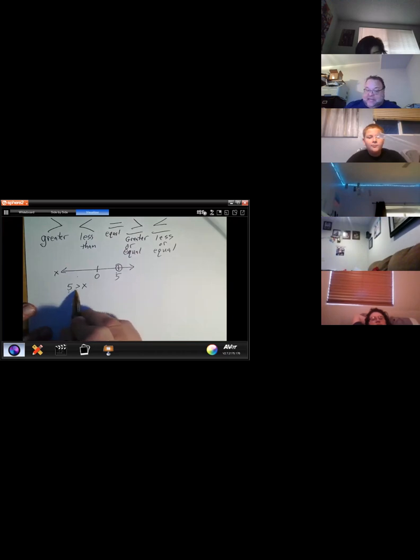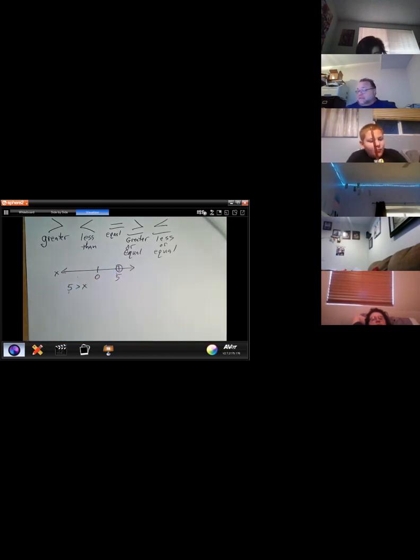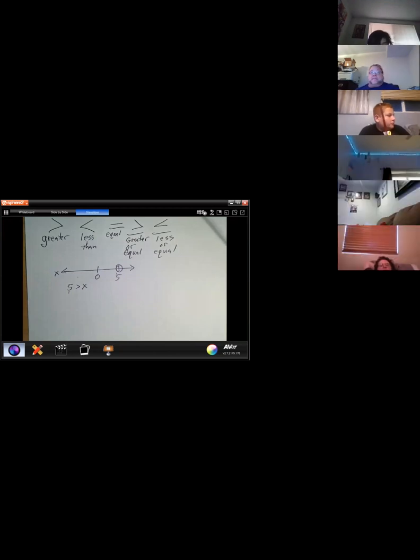Now it isn't equal, so I'm just going to leave it open because that tells me that 5 isn't included. Does that make sense to say that since it's open, that the number 5 is not one of the included numbers? Because you were explicitly saying that doesn't count.